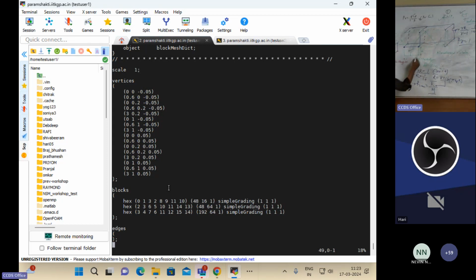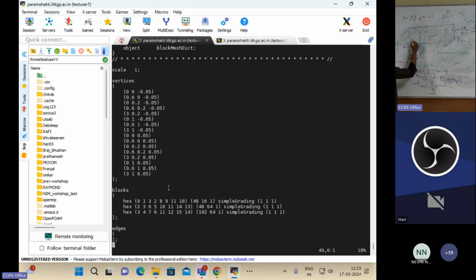So what we are typically doing is declaring this particular box that I've made as block 1. This is block 2 and this is block 3. So per block, we are basically discretizing with a number of grid points. 48 over here, 48 cross 16 in y direction.